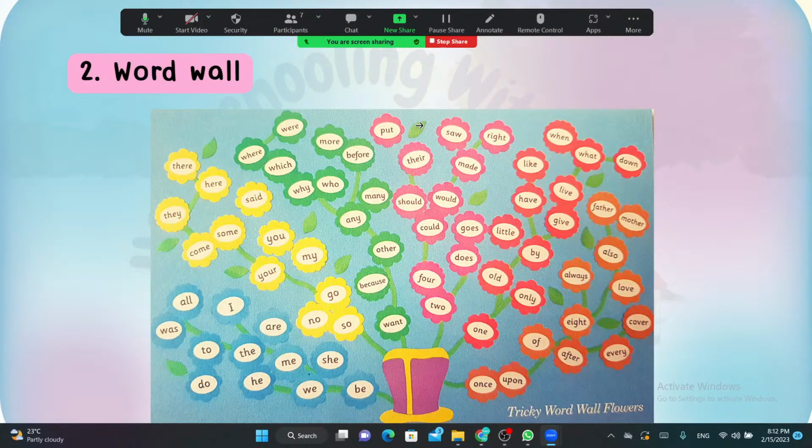You can just make a wall like this, or design a wardrobe like this, or simply paste these words on some colorful butterflies, or with some colorful cars, whatsoever your child is interested in. So make it a little catchy, visually catchy, so they can just look at the words and try to memorize them by looking at them.